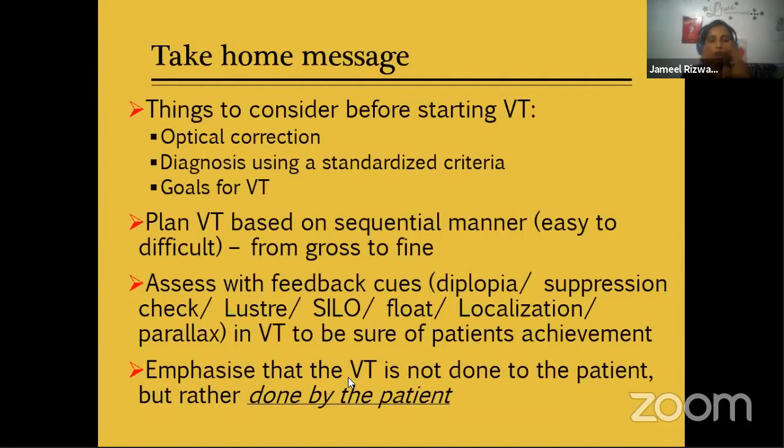Again, put down your goals for vision therapy. This is what I want to do in phase 1, this is what I want to do in phase 2, this is what I want to do in phase 3. So plan it sequentially. Many times, this is the mistake that many of us make, which is to bombard the patient with too many things. Imagine you go to a doctor for something and the doctor gives you 15 pills, and you will be feeling so giddy, right?